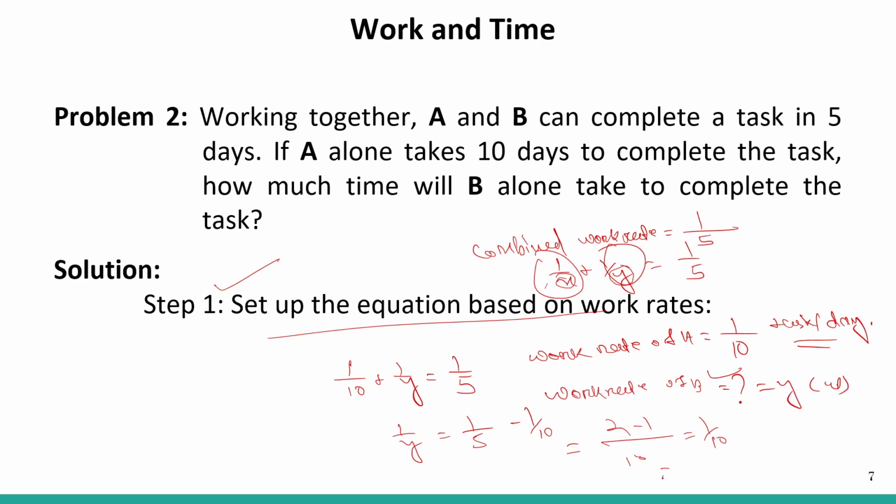This implies that y will also take 10 days to complete that work. So the work rate of B is 1 by 10, and the time it will take to complete exactly that work is 10 days. Proved here, y is equal to 10, that is B alone will take 10 days, as much as A.